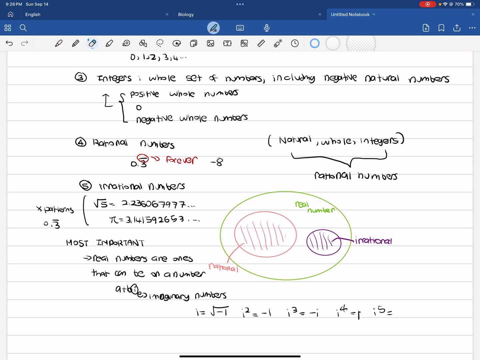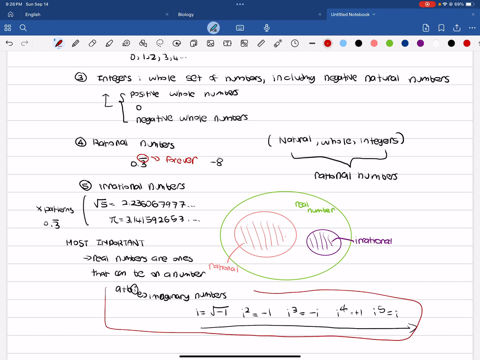Wait, guys, I'm sorry. I to the power of 4 equals plus 1. It goes on and on like that. So basically, these numbers are just outside of the territory. They're just external.